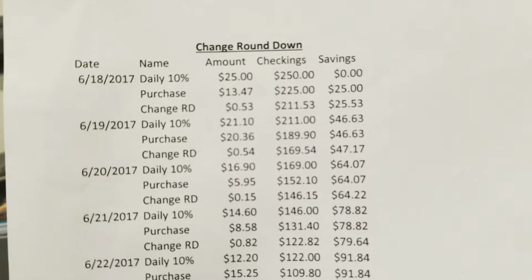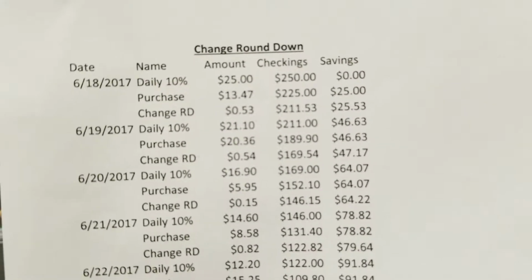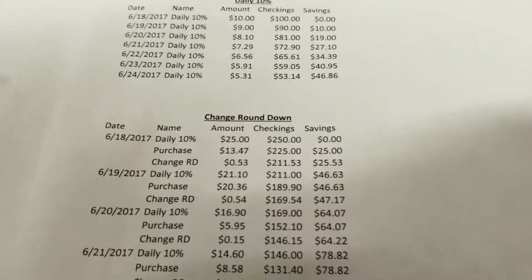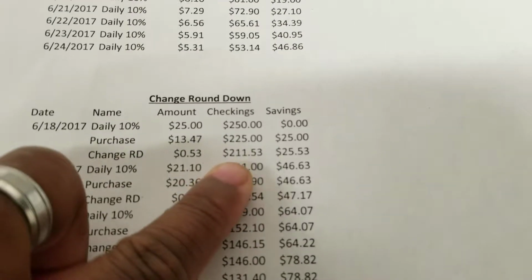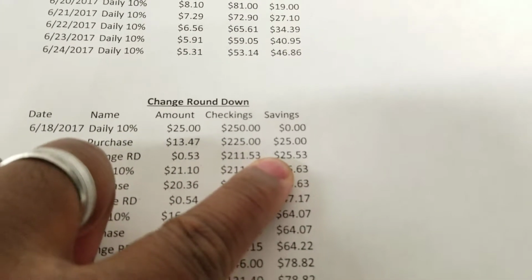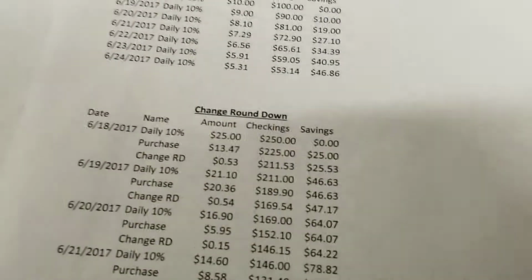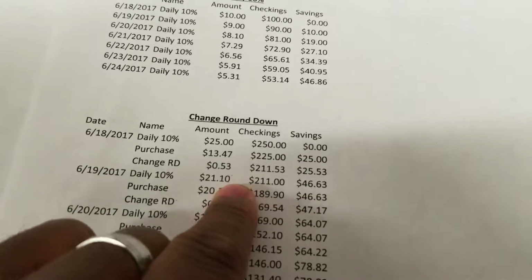So then you take the 53 cents off of that $211, right? So let me kind of put this down so I can point to what I'm talking about here. So here you take the 53 cents off, you put that into your account. So you had $25, now you have $25.53 taken off of that.